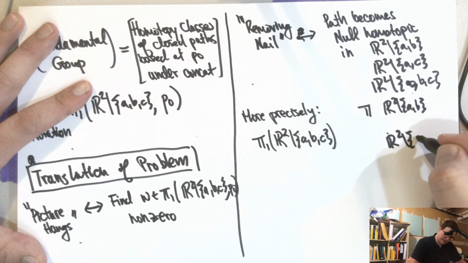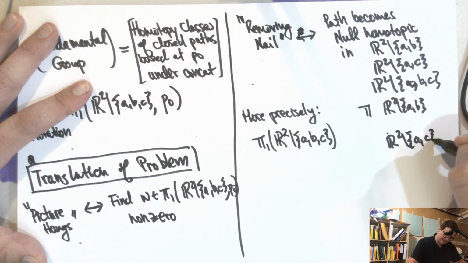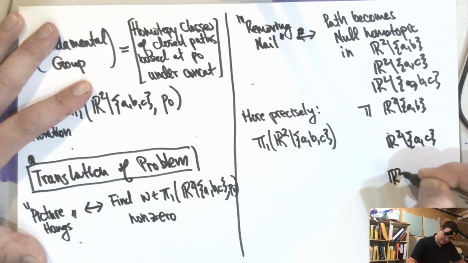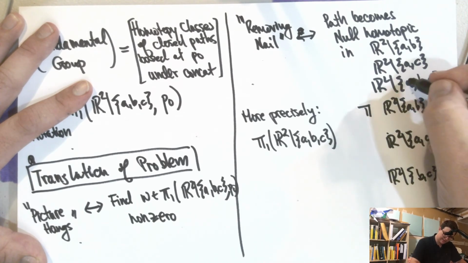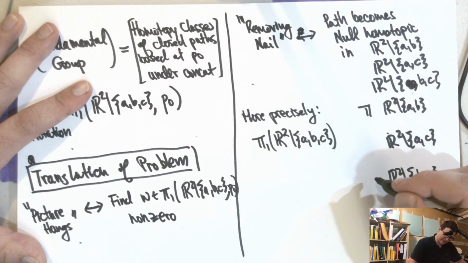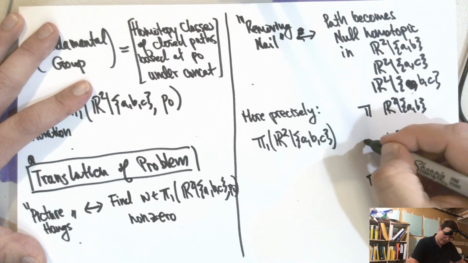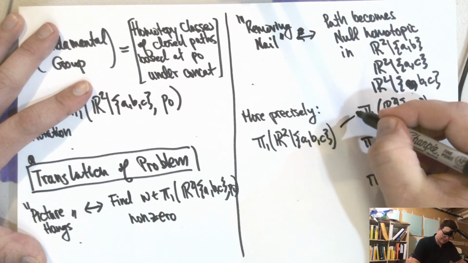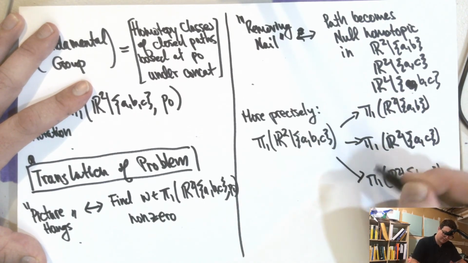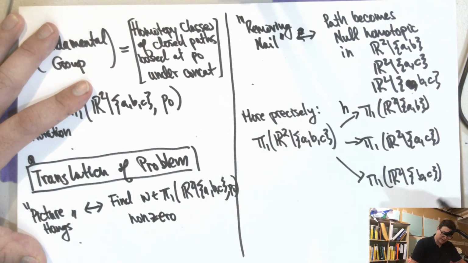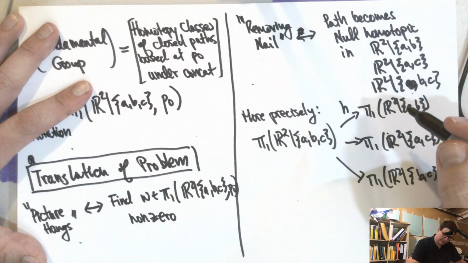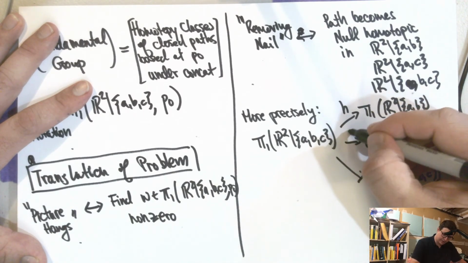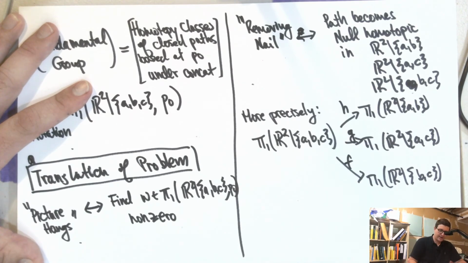Then we have 3 other alternatives: R2 minus A, C, and R2 minus B, C. We have pi 1 of this, pi 1 of this, and pi 1 of this, and then 3 group homomorphisms. Let's call them H, G, and F.